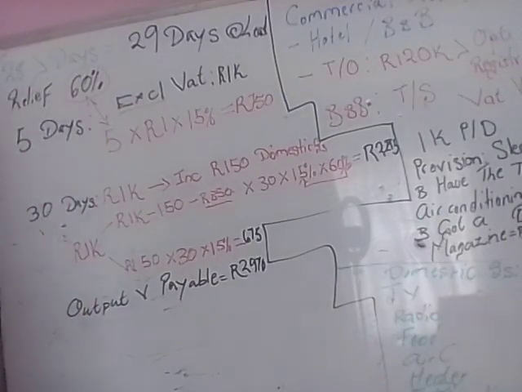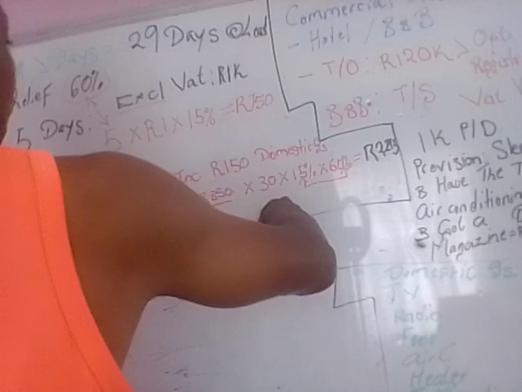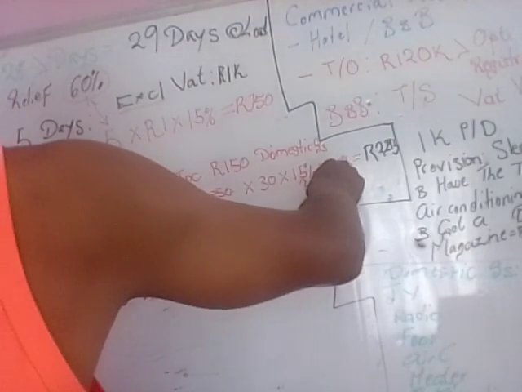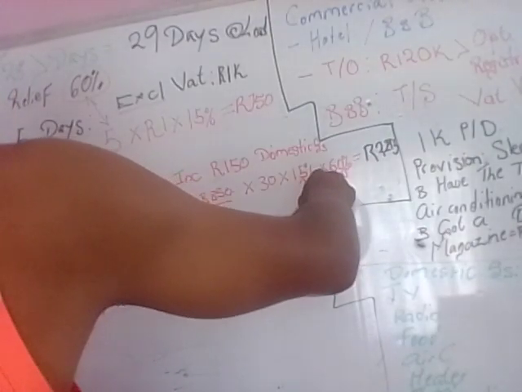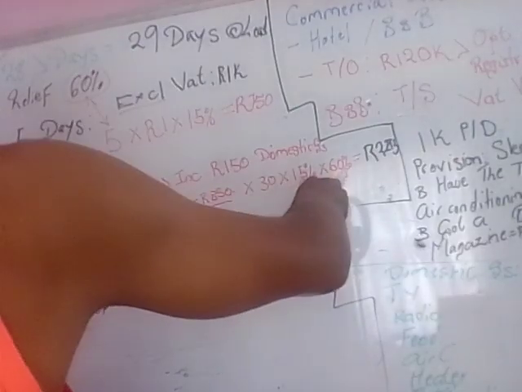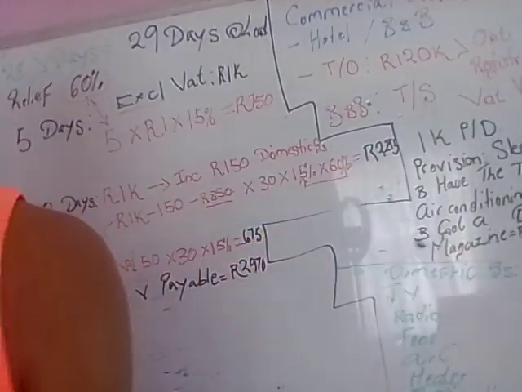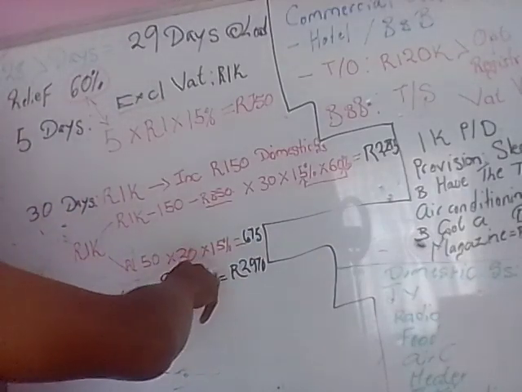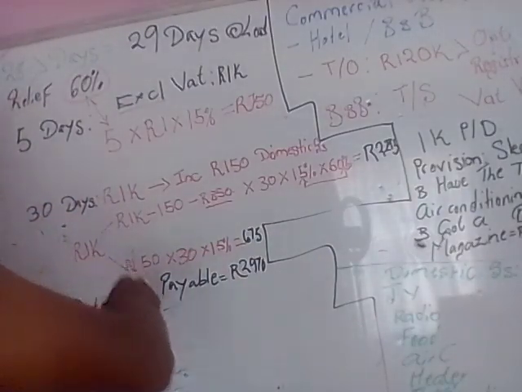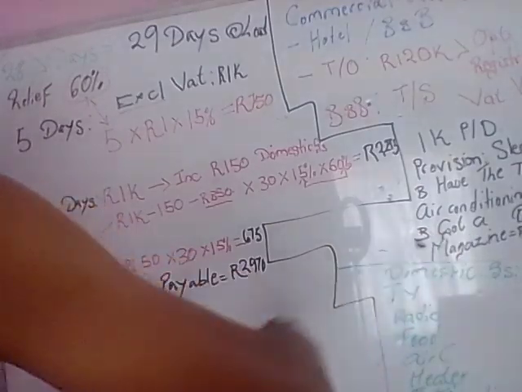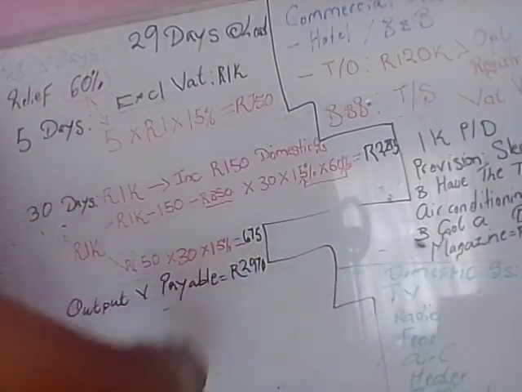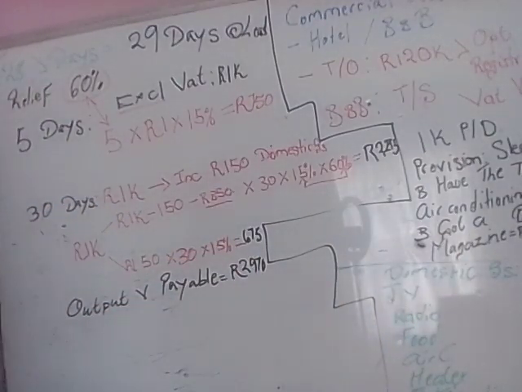So these guys are now levying an output VAT of 60% in this instance, whereas in the other it's not applicable because the magazine is not part of the domestic goods and services, and so the output VAT payable would be 2,970.